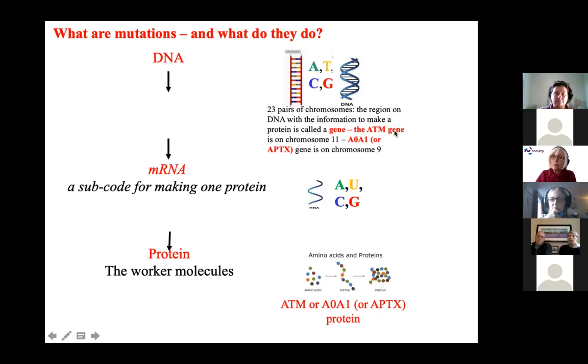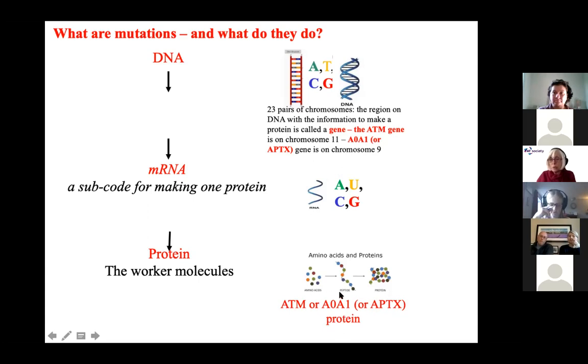So we have an ATM gene, which is on chromosome 11. For AOA1, and remember, AOA1 is really the name of the disorder, and the gene is called aprataxin. That's on chromosome 9. So we have the aprataxin gene. And then we have an ATM messenger RNA or aprataxin messenger RNA, and we're making the ATM or the aprataxin protein.